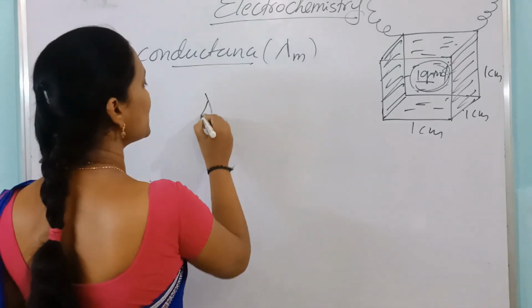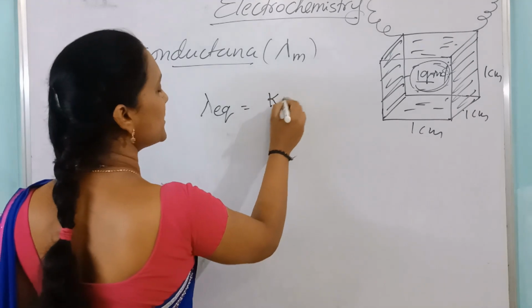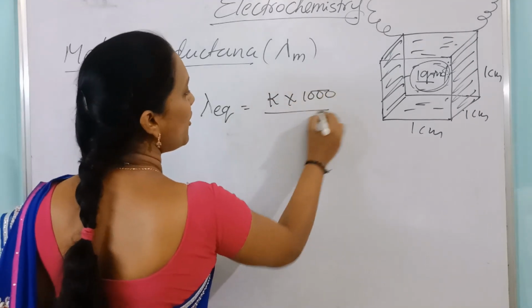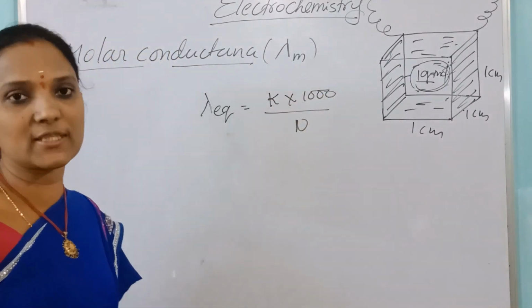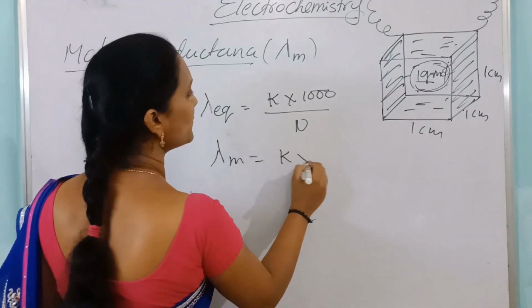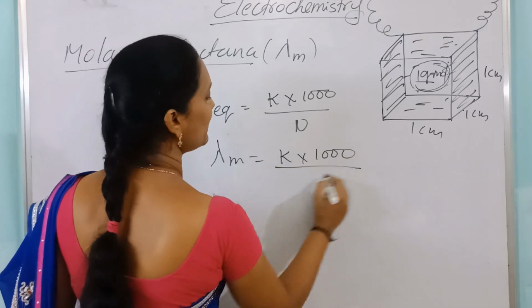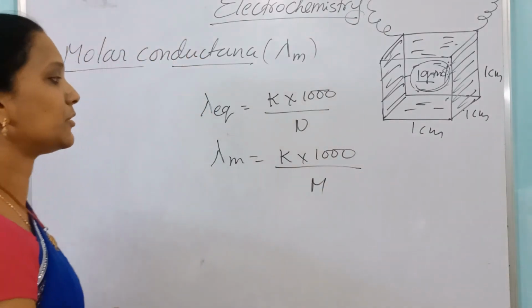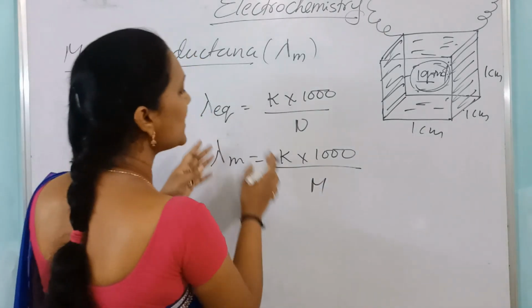Now equivalent conductance is equal to K into 1000 by normality. Gram equivalents we are taking, that's why normality. Now molar conductance is equal to K into 1000 by molarity. So what is the relation between these two?